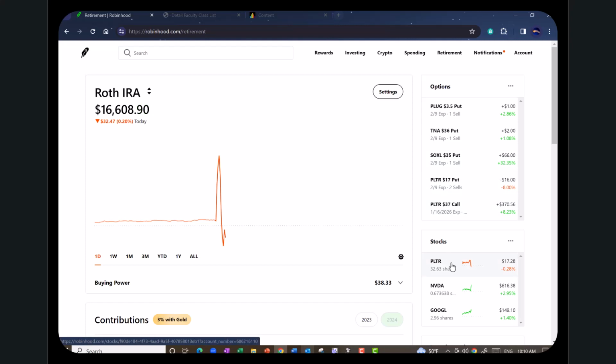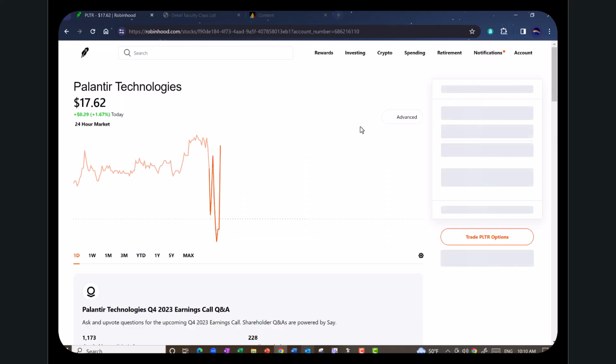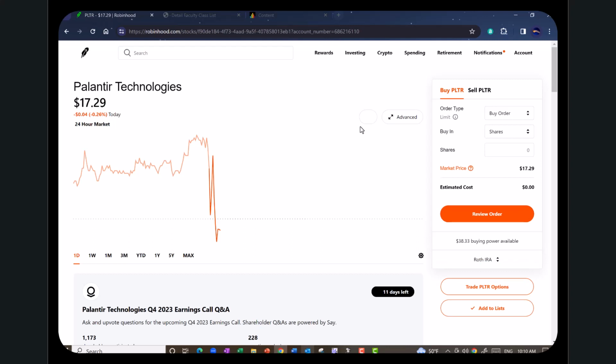Suppose I bought Palantir, and it is a promising company as far as I'm concerned. But if the crap hits the fan in the economy, this thing can go down all the way to $10, okay? If it goes to $10, I'm going to lose a lot. Suppose I want to protect myself. I believe it's completely unlikely, but I don't want to lose money if it goes below 12. Well, I'm going to go ahead and buy a put option.